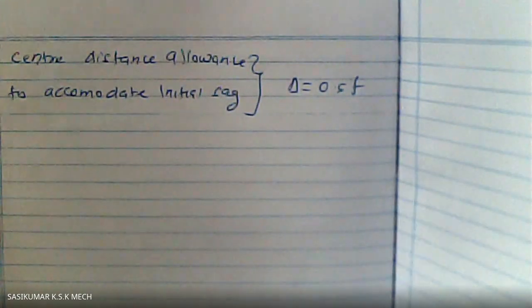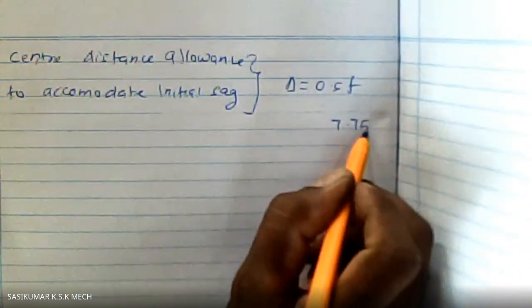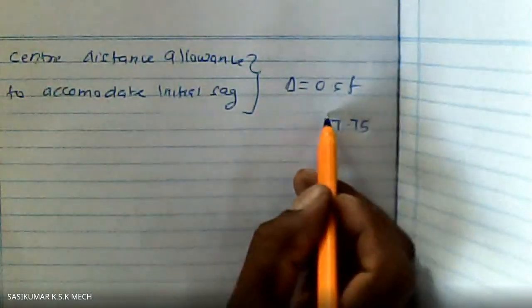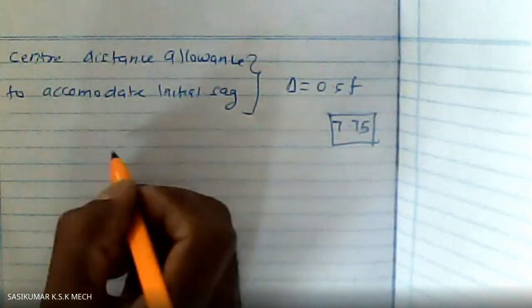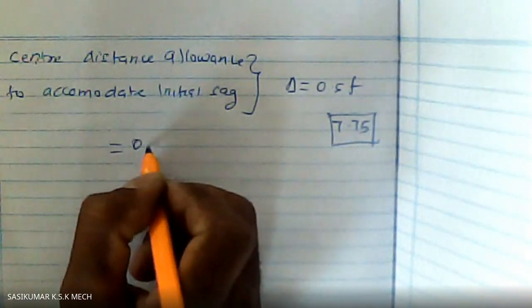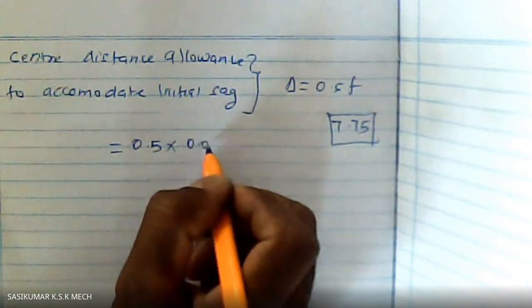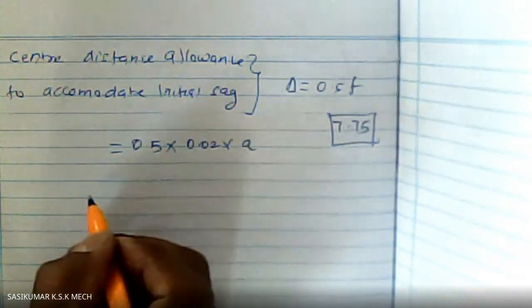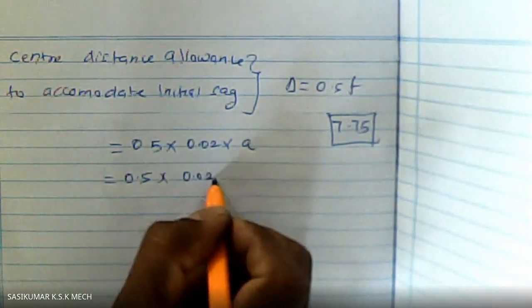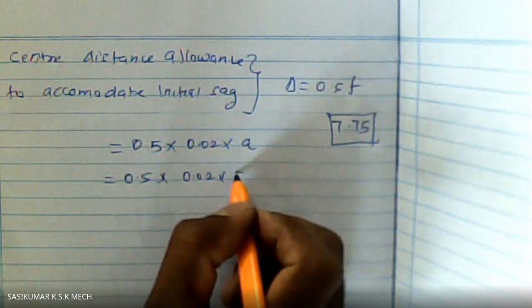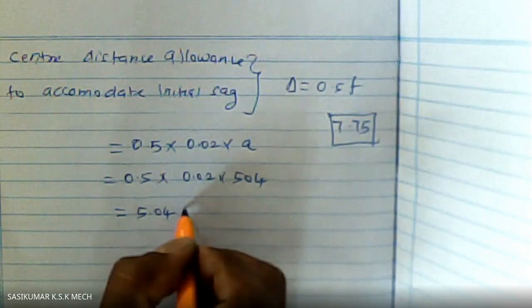Here f is 0.02 into A, so 0.5 into 0.02 into A, where A is 504. So this is 5.04 mm.